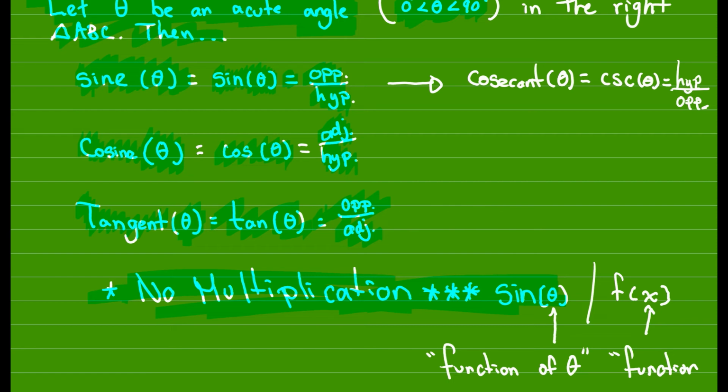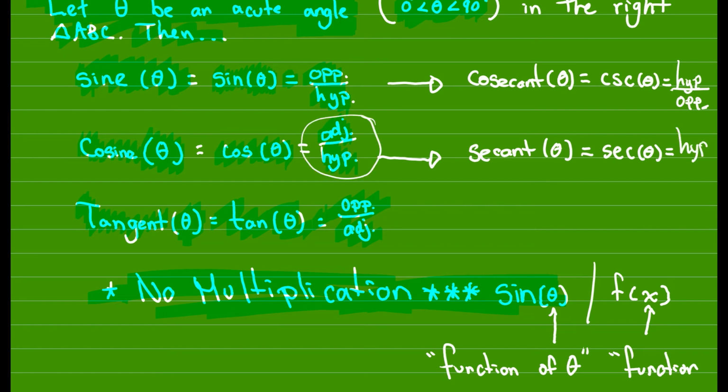And then, what is the reciprocal function of cosine? Well, that is secant theta, and we abbreviate this as SEC theta, and we still say secant theta. If it's the reciprocal of adjacent over hypotenuse, then it becomes hypotenuse over adjacent.